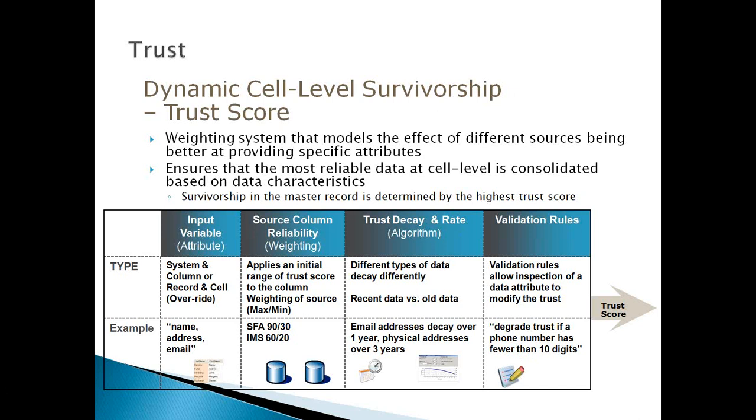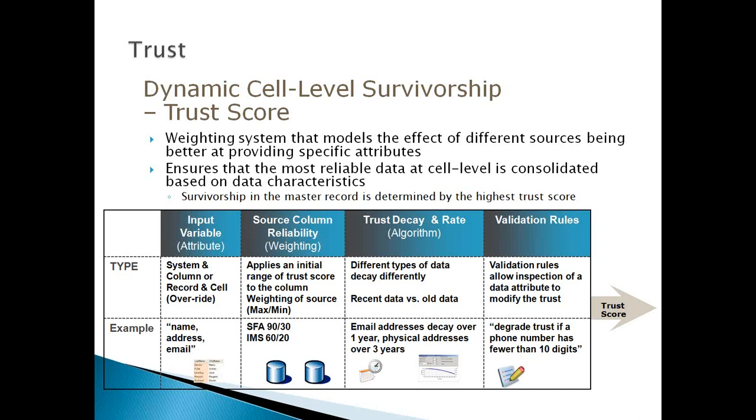Yes. But this trust is only used while we are making master records, right? When we give the master records back to the user, we don't tell them the trust is this much or that much. Yes, correct. We'll see that in the next scenario, when this trust is applied by MDM.